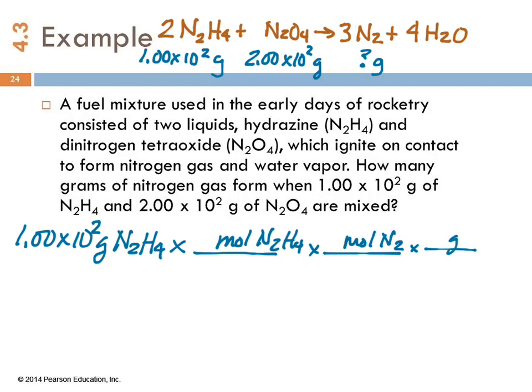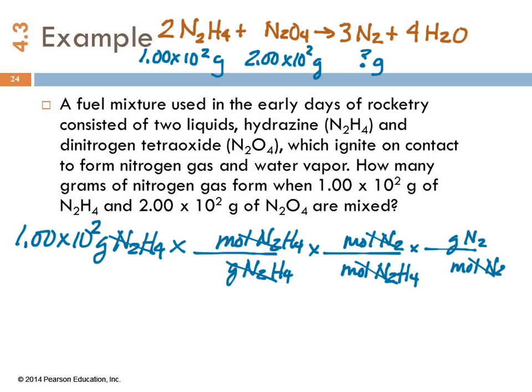And then grams of that guy. We put the units in the bottom to cancel out. If dimensional analysis is still a bit of a mystery to you, today would be a good day to get it cleared up. It's not going away.